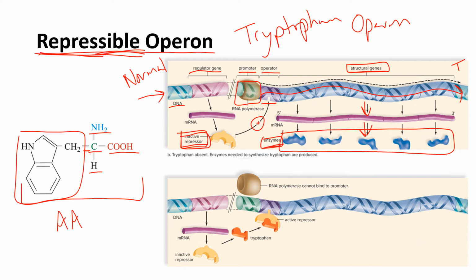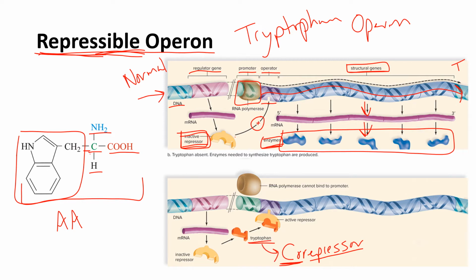So if there is too much tryptophan, then the tryptophan acts as a co-repressor. So we call it a co-repressor because it works with the repressor, like co-worker or coordinate or cooperate. So the tryptophan itself is a co-repressor.